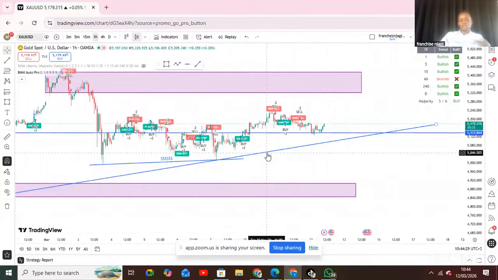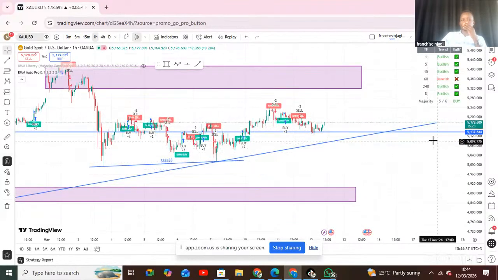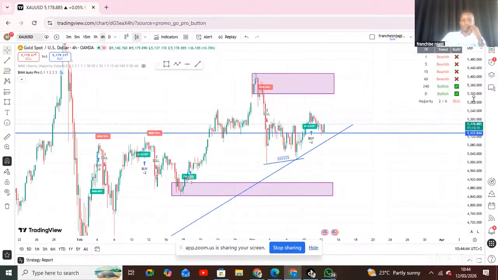That to me means some liquidity. So what are the possibilities of gold today? On the 4 hour time frame, we must come and identify our major zones. Our major zones are this support zone and this other resistance zone.